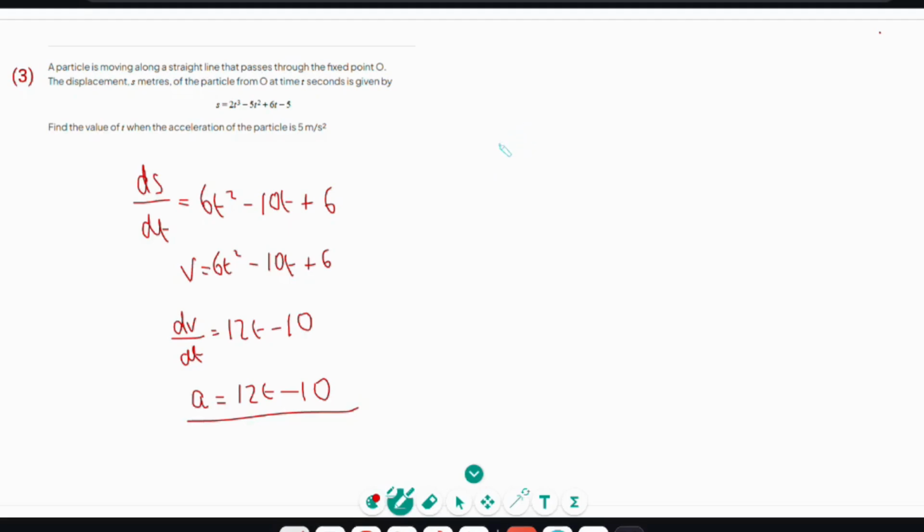To find the value of t when the acceleration of the particle is 5 meters per second squared, let's put it equal to 5 and then make t the subject. So t is 1.25 seconds.